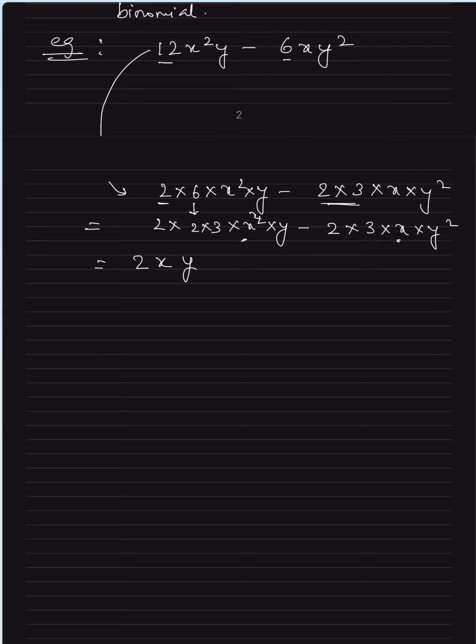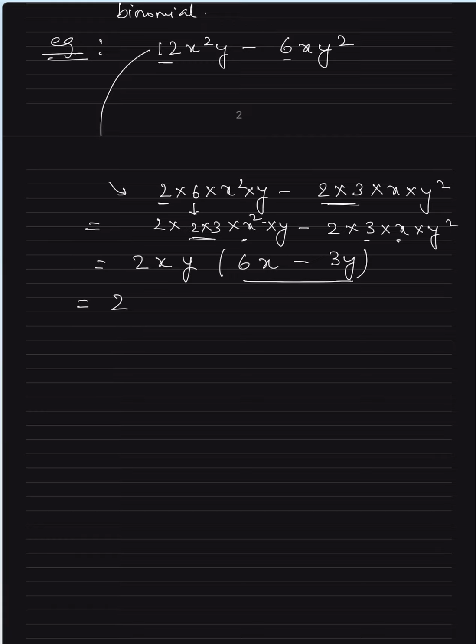So it is 2xy in the bracket, and what is left: 6 among x from x square. If I take out one x, we will get x, y is already out, minus 3 is there, and here x has gone, 2 has gone and y has gone, so we will get 3y. Again I can factorize this term.